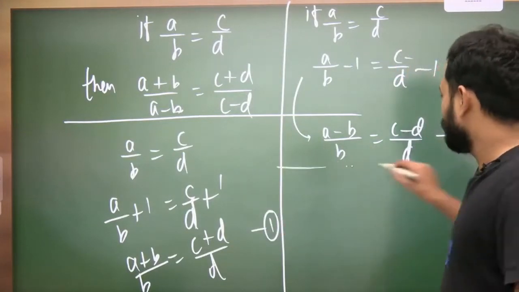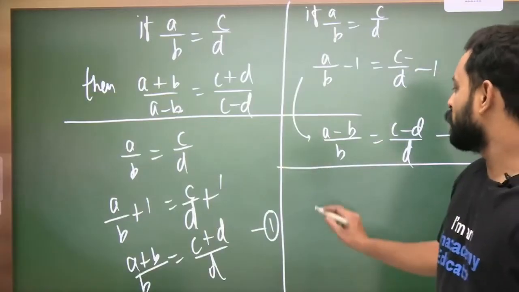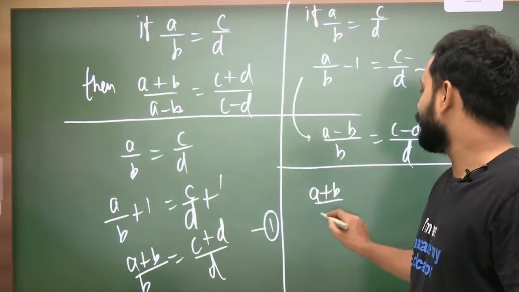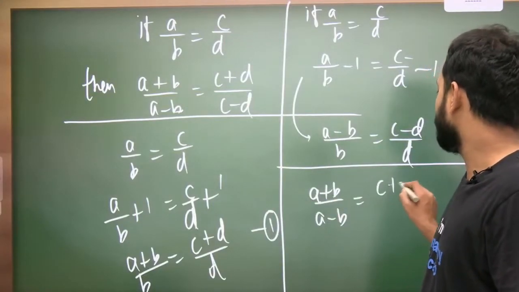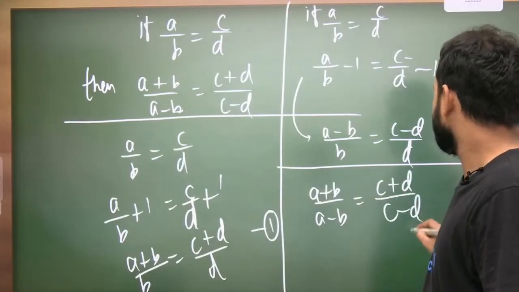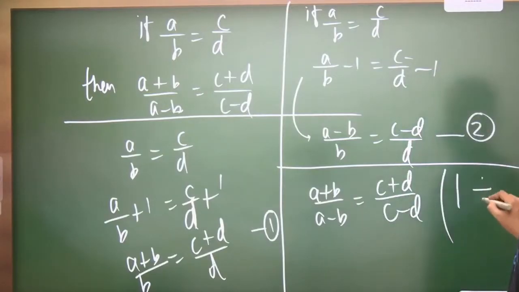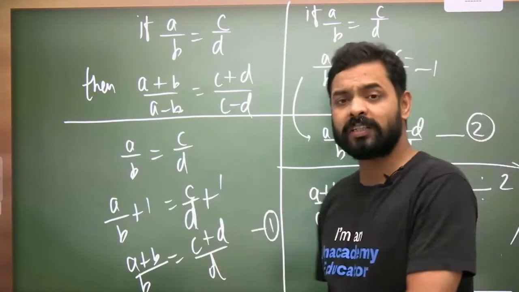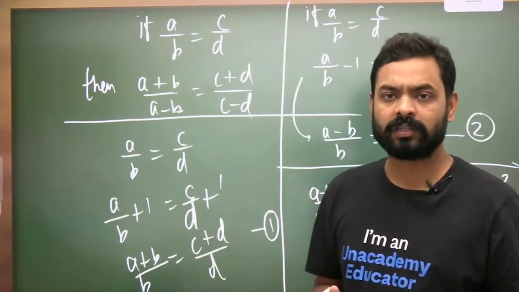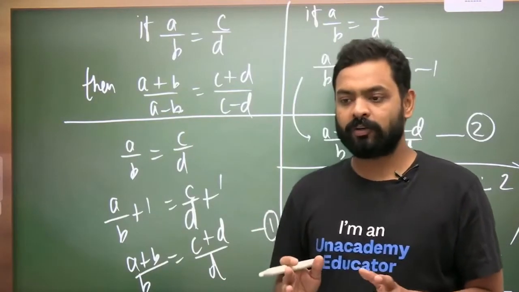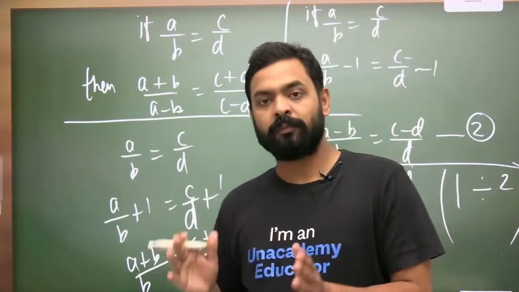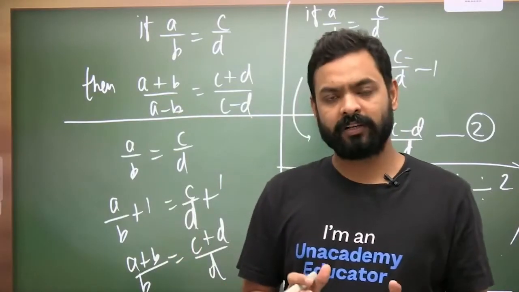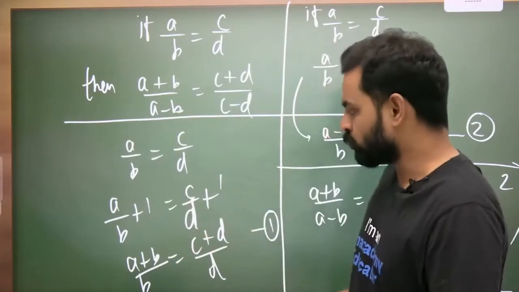You just divide 1 by 2, you will get A plus B divided by A minus B is equal to C plus D upon C minus D, right? I hope, guys, this is absolutely clear. So this is called componendo and dividendo. This is especially important for a lot of arithmetic problems as well as algebraic problems, wherein we'll have to prove something, we'll use this.